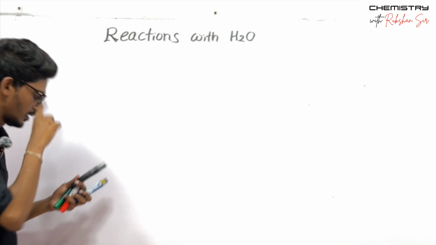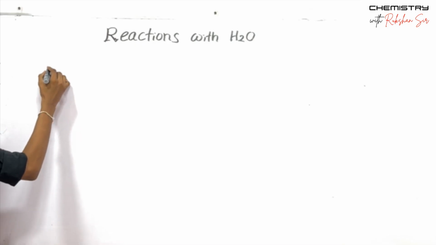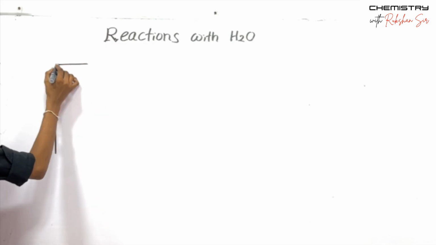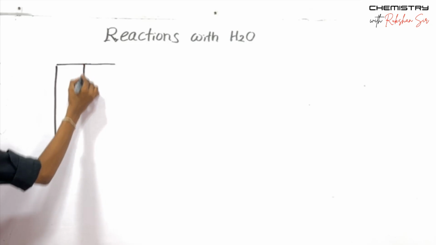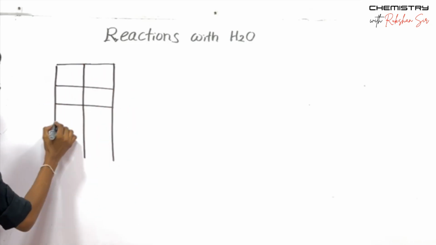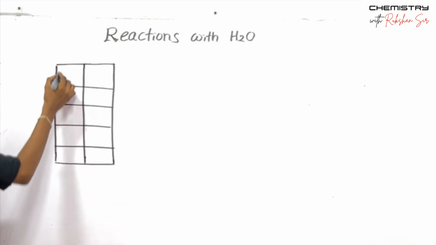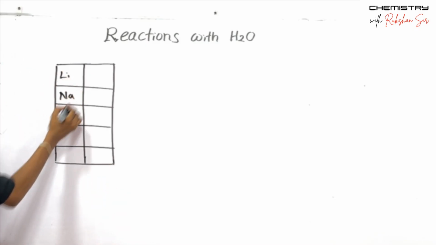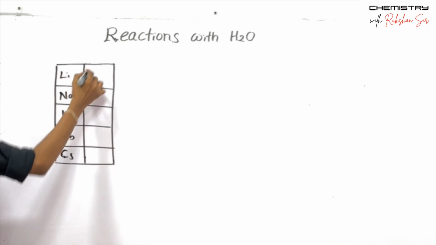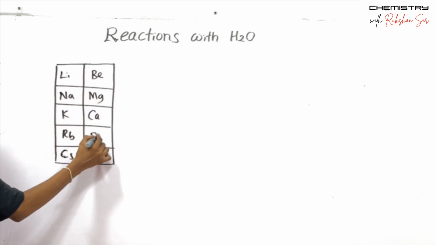It's like this. If you consider this block: lithium, sodium, potassium, rubidium, cesium; beryllium, magnesium, calcium, strontium, barium.